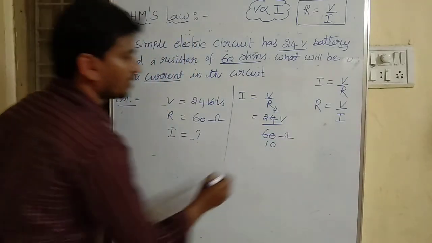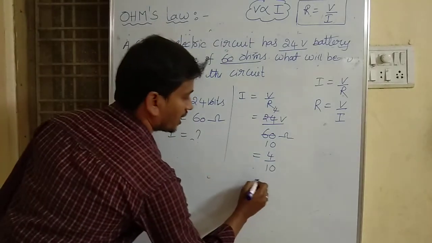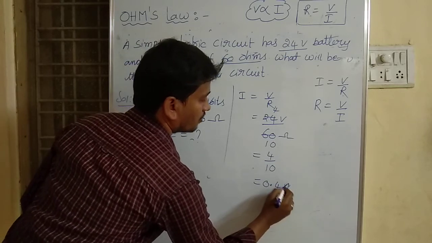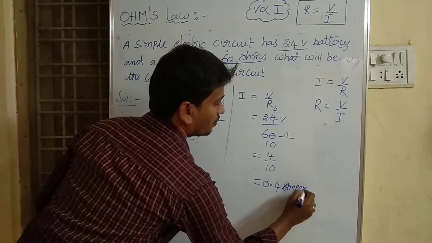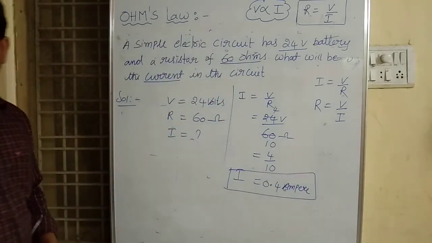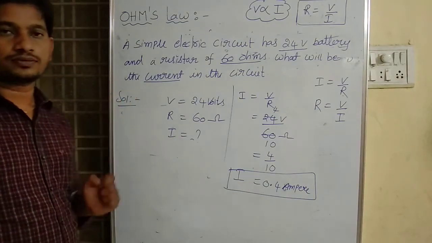That is 4 by 10, which I can write as 0.4. The unit of current is ampere. So the current in the circuit is 0.4 amperes.